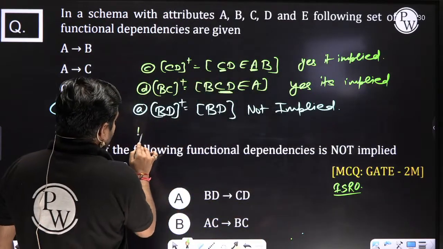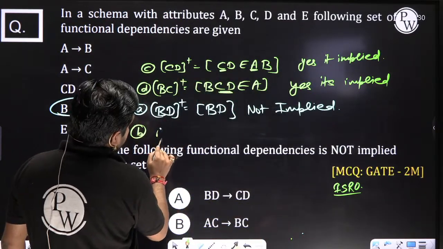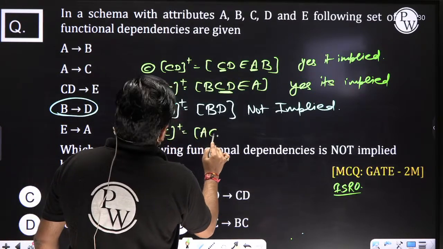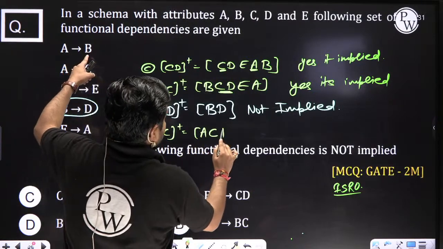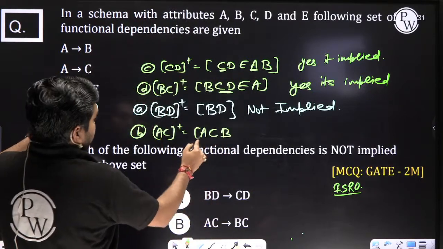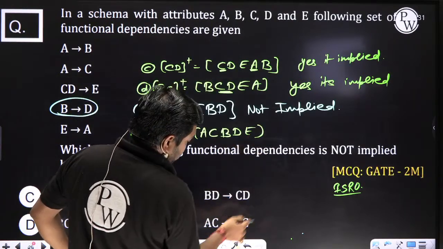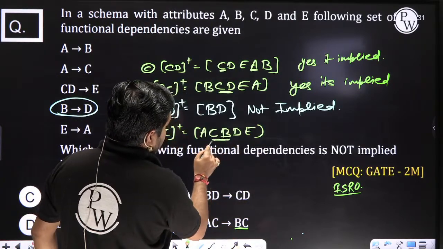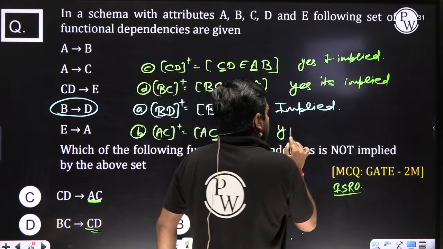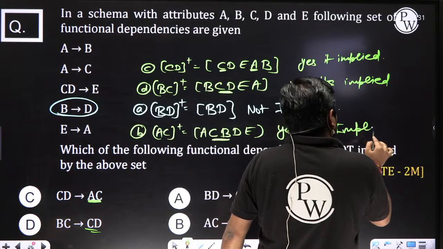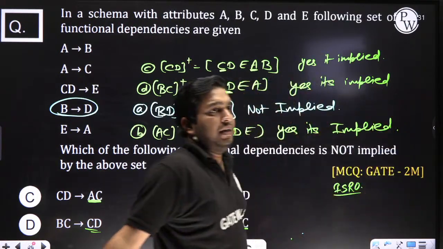Next, AC. When you take first of all A, A determines B and B determines D, and CD determines E. What you needed? E. Yes, it's implied.